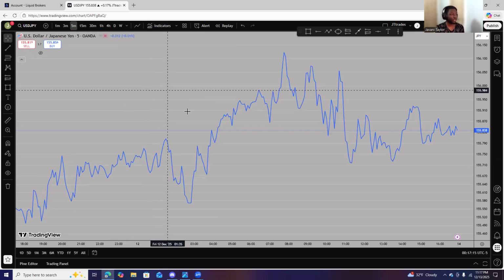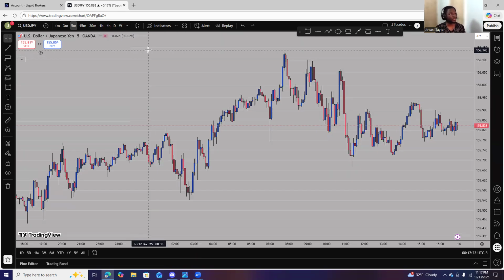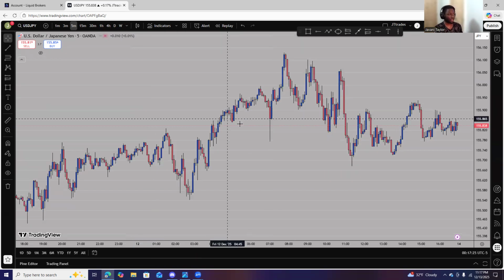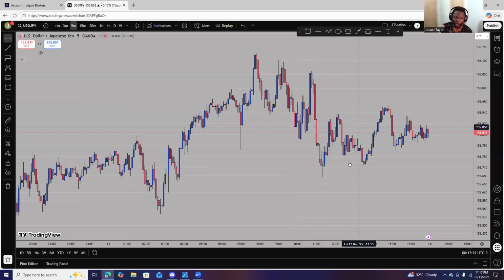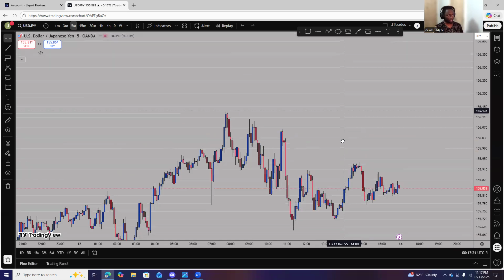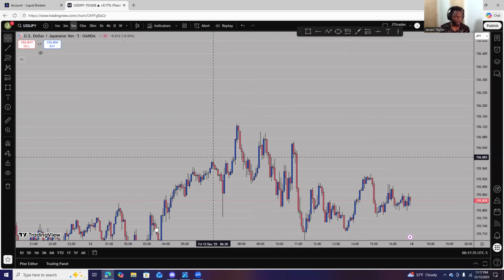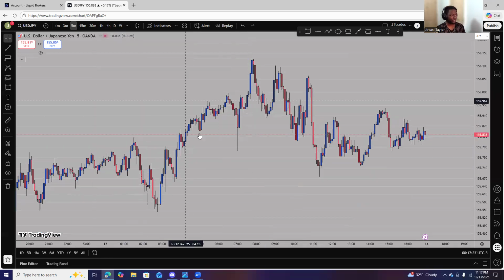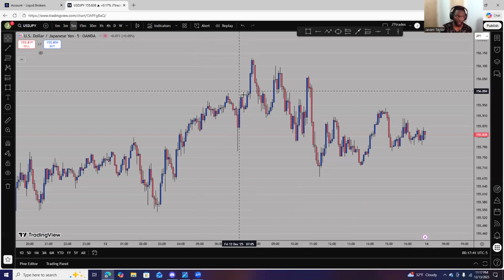You have a line chart, which is like all of these right here. But most persons, or pretty much everybody that I know that trades, use the Japanese candlesticks because they're easy to understand and they create a pattern. So, like I said, whenever we're going up, we keep creating high, low, higher high, higher low, higher high, higher low.